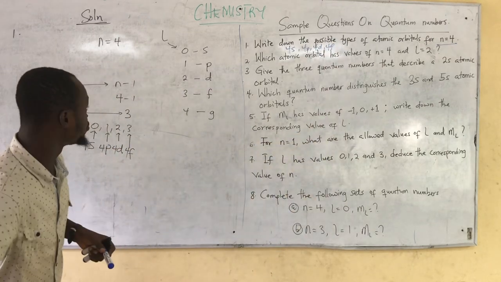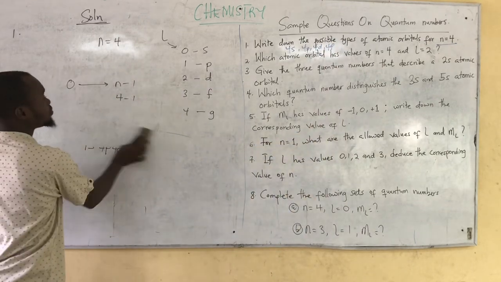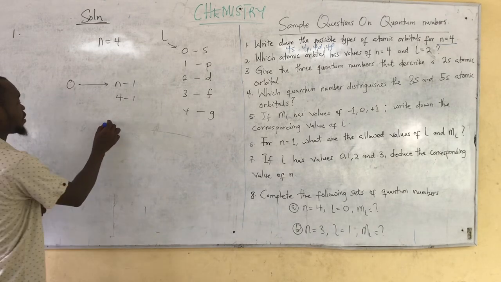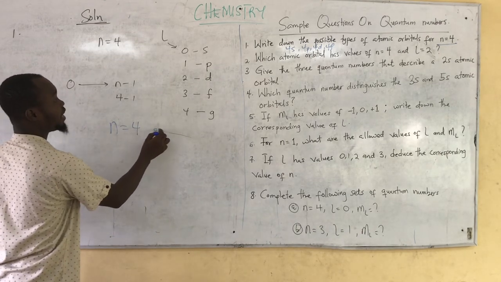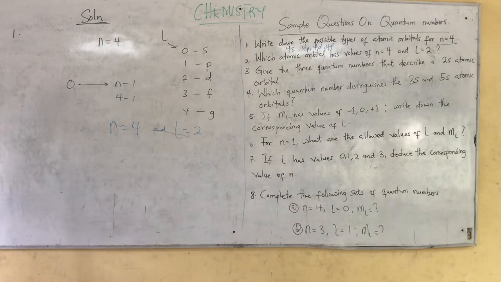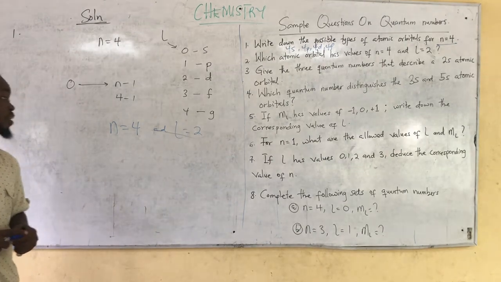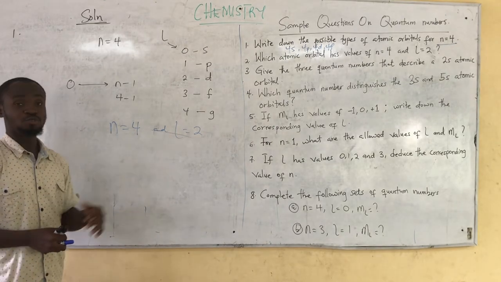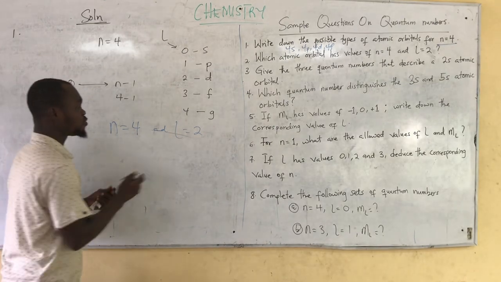Now let's move on to question 2. In question 2, we have: which atomic orbital has the values of n is equal to 4 and l is equal to 2? You can pause the video and try. So which atomic orbital has a value of n to be 4 and l to be 2? When l is 2, it represents what orbital?